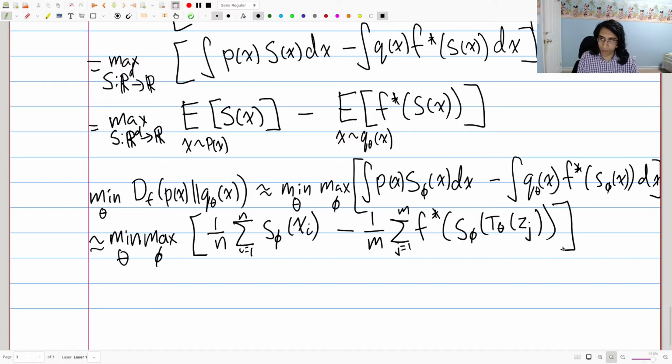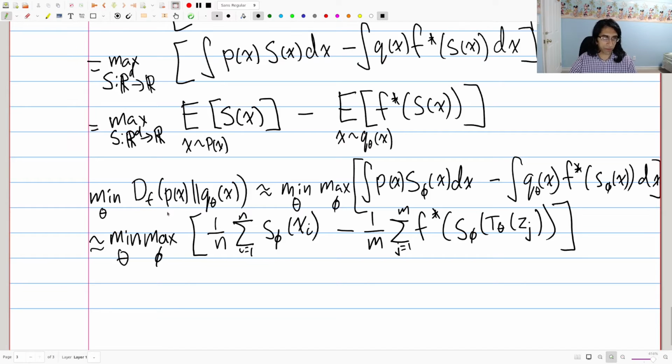Yeah, this quantity right here. And let me try to interpret this. One thing that might have been bugging you all this time is the fact that we still have this f star here. Well, we're going to get rid of that pretty soon, but just take my word for it. Whenever we instantiate this, we're going to specify our f divergence.